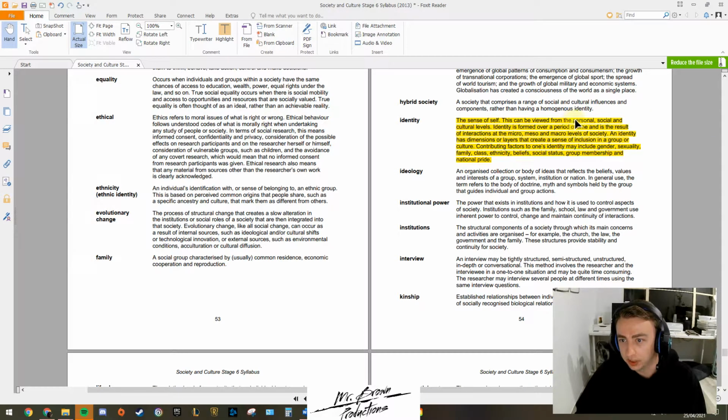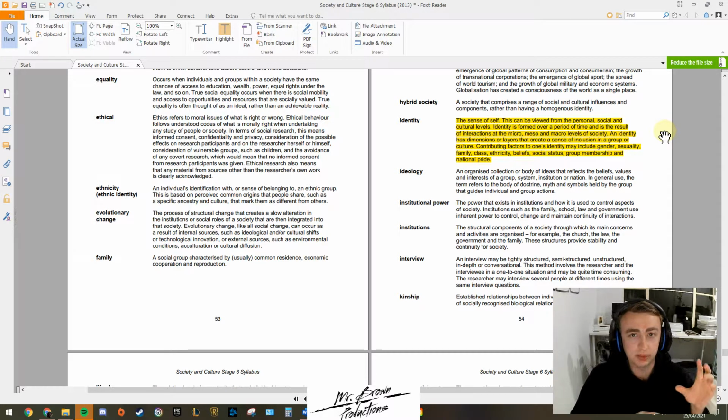So if we were to break this up, and we touched on this a little bit in the first topic, when we looked at the idea of the social self versus the personal self. The social self being the side of you that you portray to your friends and peers and when you're out in public. And then you have that personal self, where only really close, intimate friends or partners and family may know.